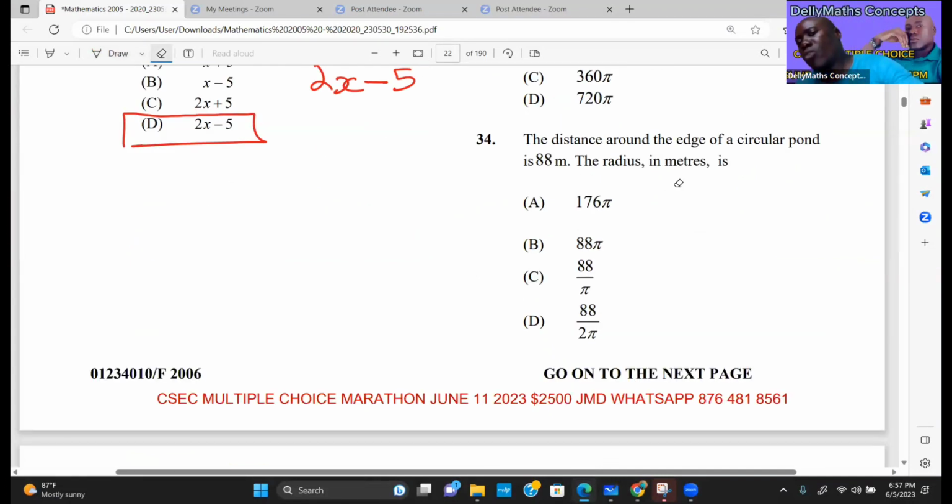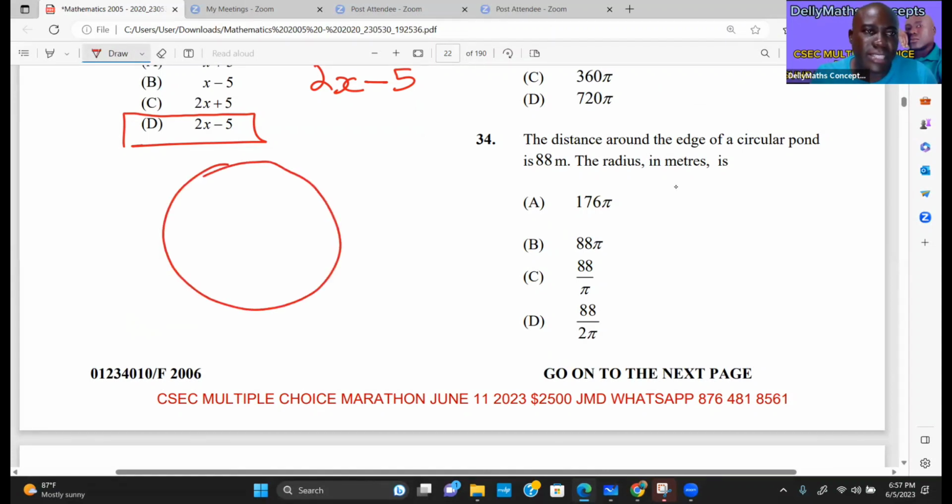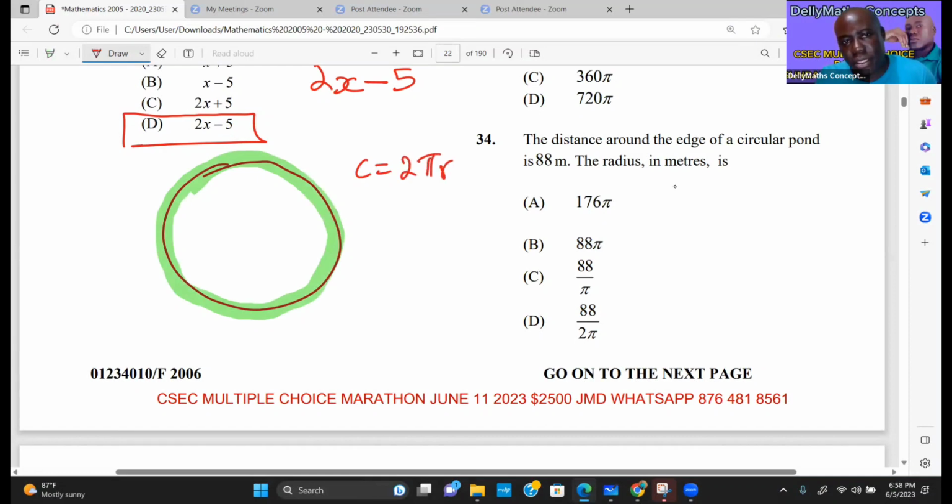The distance around the edge of a circular pond is 88. What is the radius? The moment they tell you that you have a circular pond, and the distance along the boundary, they're telling you that your circumference, which is equal to 2 pi r, is 88.